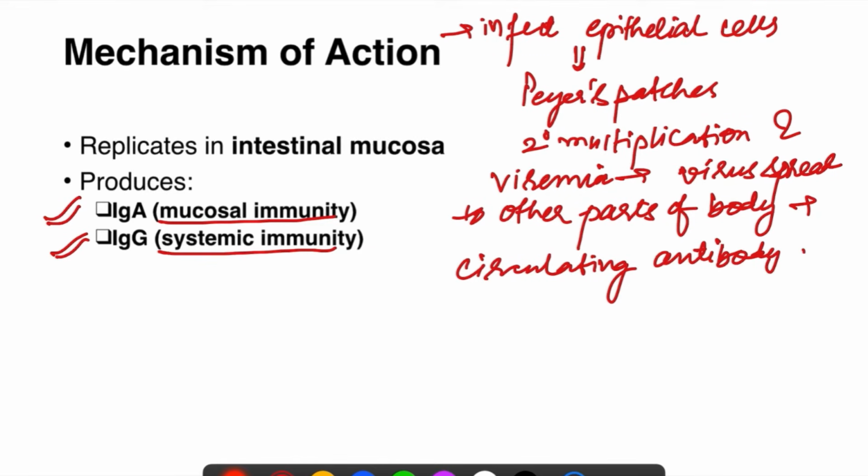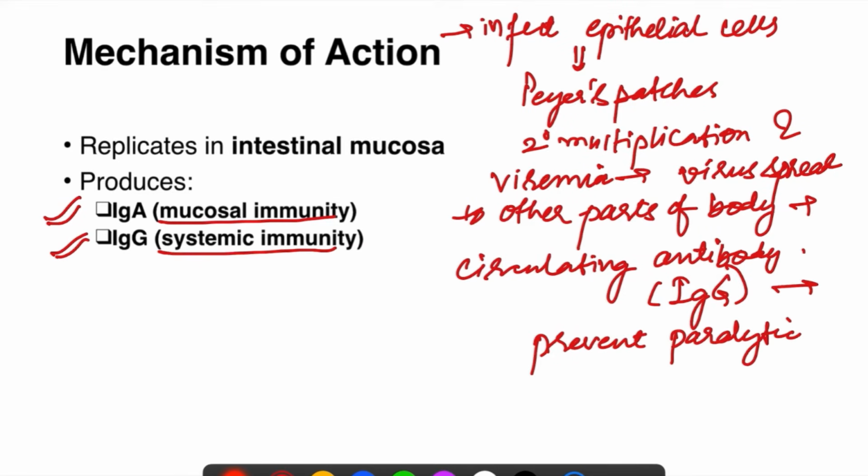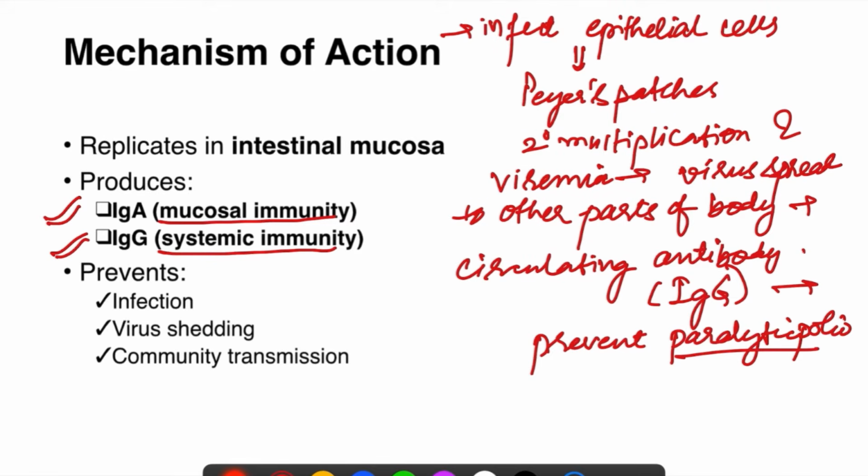So these circulating IgG antibodies, the systemic antibodies, prevent paralytic polio. Intestinal infection stimulates the production of IgA antibody, which will prevent infection by wild poliovirus.